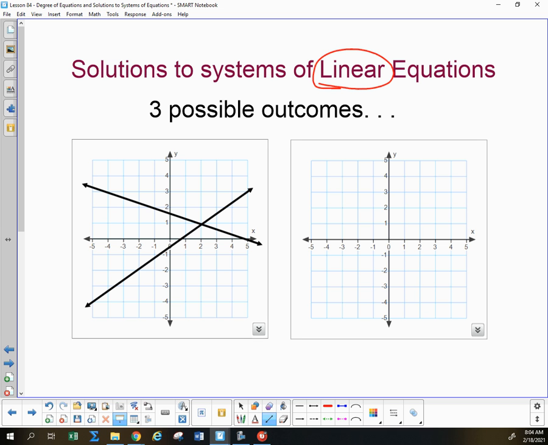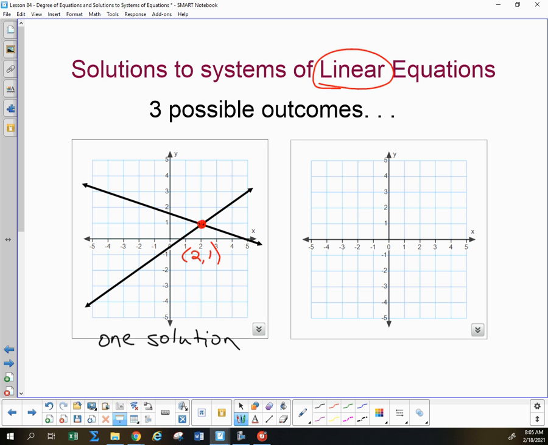We found the intersection point, which is the solution. So in this case, it happened to be 2, 1. But most of the ones that we've been doing, we have had one solution to that system.